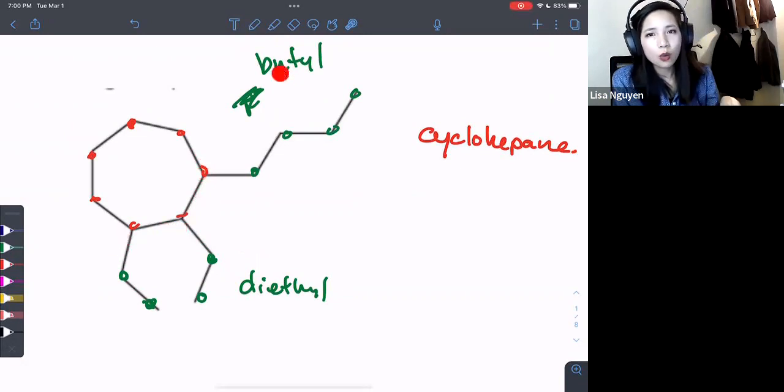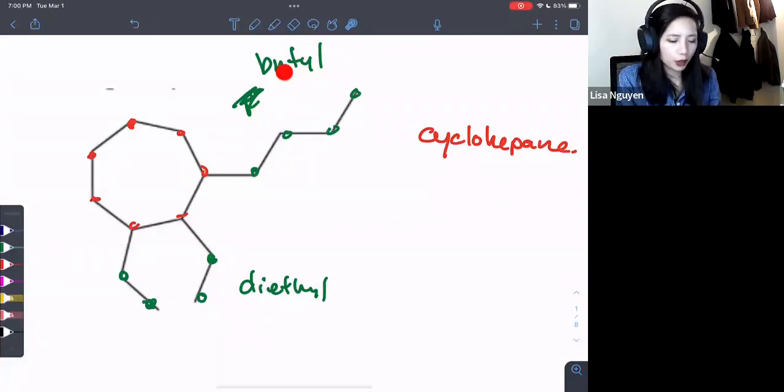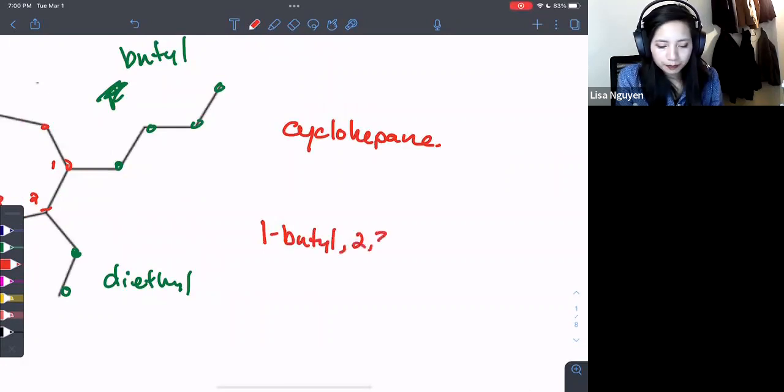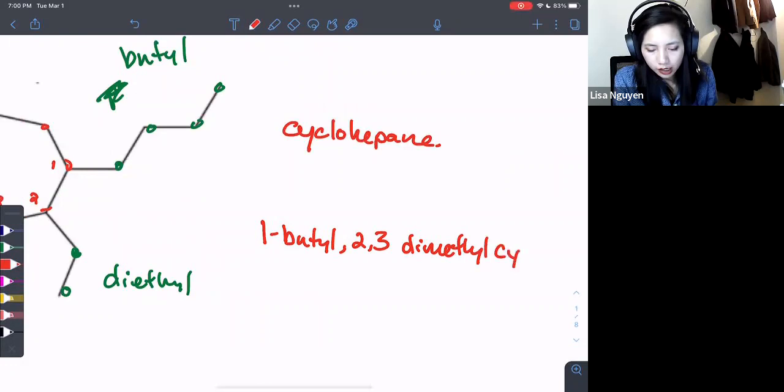Typically whatever name is first, so in this case butyl, we'll name butyl before we name ethyl. We want to put that one as carbon number 1. So 1, 2, 3. So this will be called 1 butyl, 2,3 dimethyl cycloheptane.